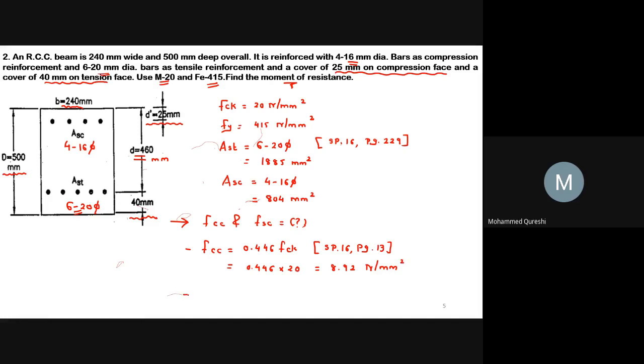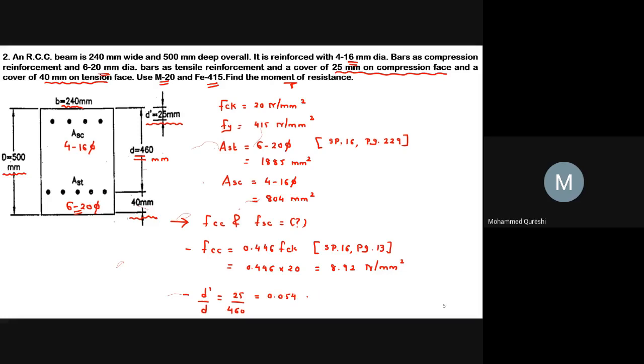Now we have to find the value of Fsc, and as the grade of steel is 415, we have to use the ratio d dash by d. So the value of d dash is given as 25 and the effective depth we had obtained as 460. So we will get 0.054.